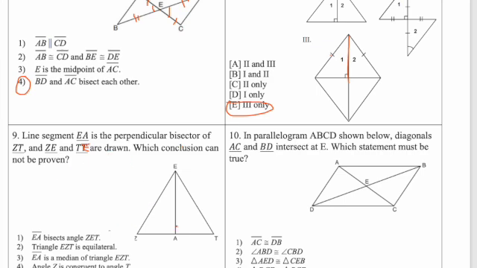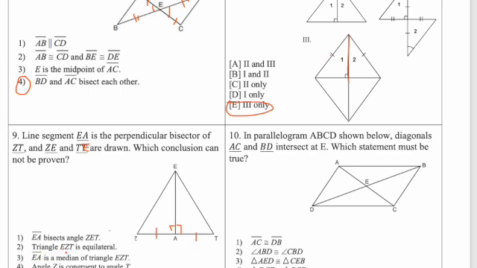Okay, so we have a perpendicular bisector, perpendicular, and we have a side. EA bisects angle ZET. Well, once you prove the triangles congruent, you could definitely prove that this is a bisector, and the perpendicular bisector theorem. I'm not even going to get into that right now.